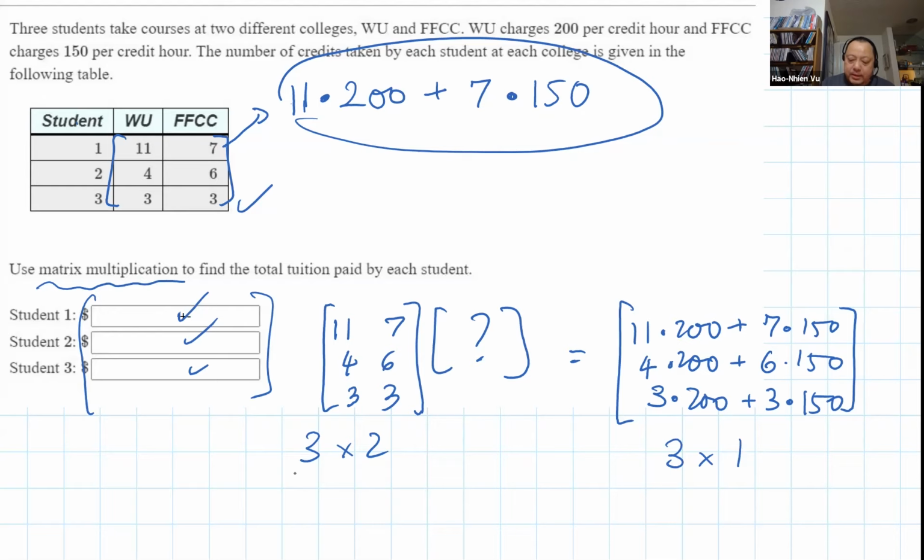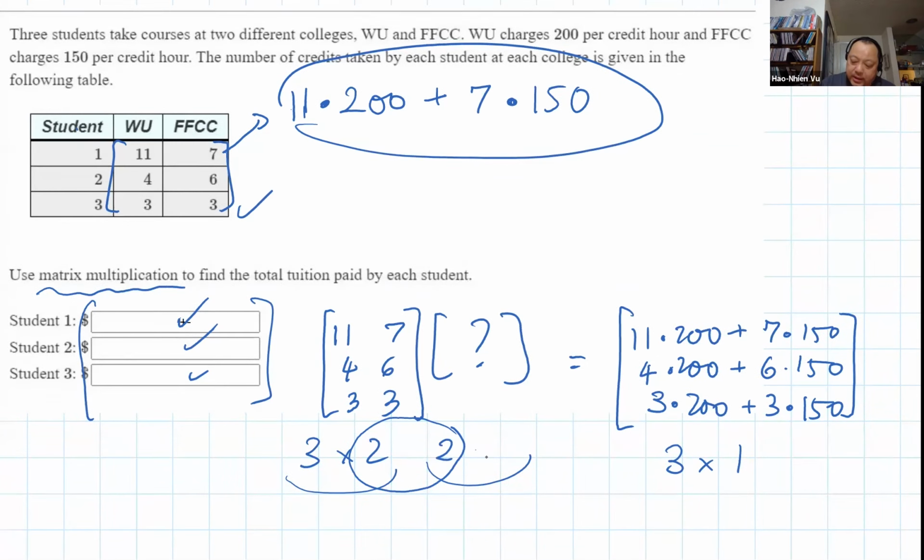So in order to multiply correctly, remember for matrix multiplication, the inside dimensions have to be the same. So this has to be 2. When you multiply an M by N matrix times a P by Q matrix, this has to be an N. It can only be multiplied by an N by Q matrix, right?